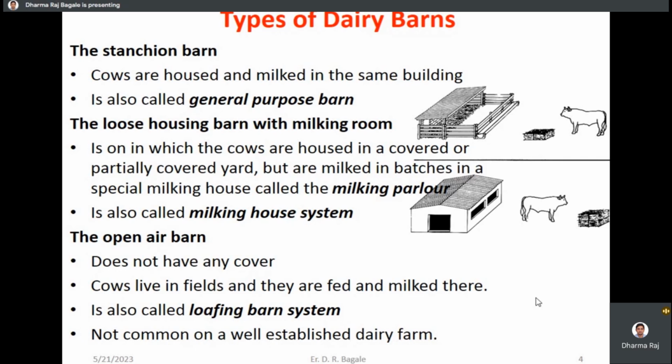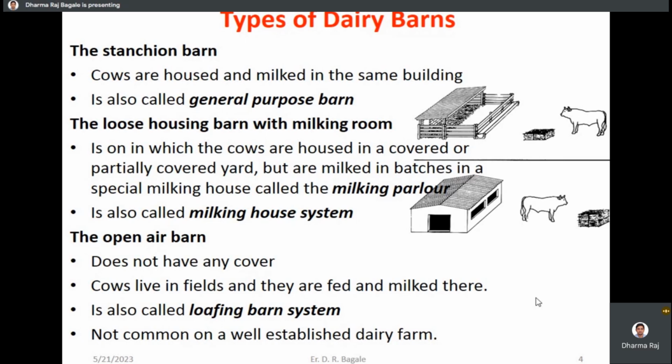For this system, a separate milking house is built for milking the animals in batches, using a milking machine. This house is called a milking parlour, and this loose housing system is also called the milking house system. We will talk about it in detail later.